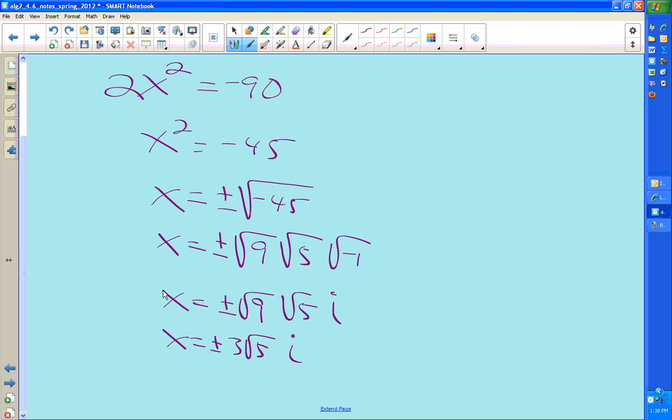When we get going and we're cranking through these problems, sometimes we write 3 root 5 i like this. And how does that look? Like the i is under the radical, and that's not where you want it. So some people will say, okay, well, let's put the i over here, in front of the radical, and I'm okay with you doing that under those circumstances.